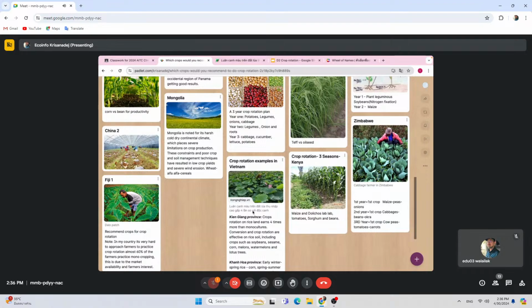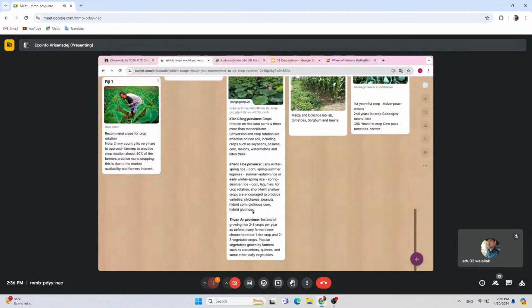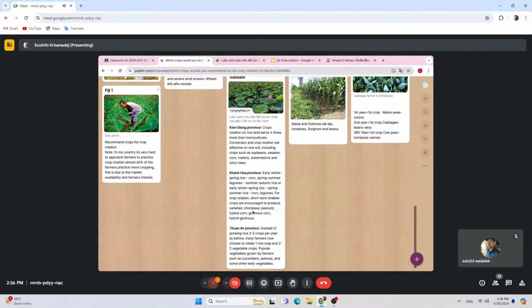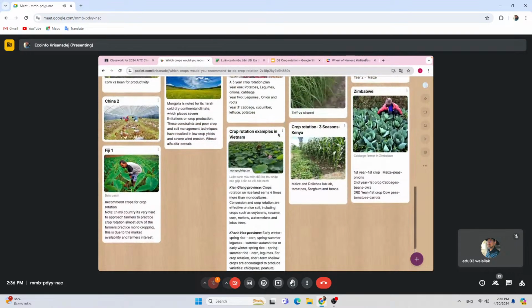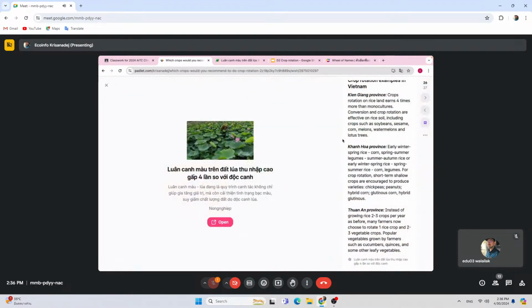So here I have examples for 3 provinces, mainly from the middle to the south of Vietnam. In Vietnam provinces, the conversion and rotation are effective on rice soil with crops such as soybean, sesame, corn, melons, watermelon, and lotus.